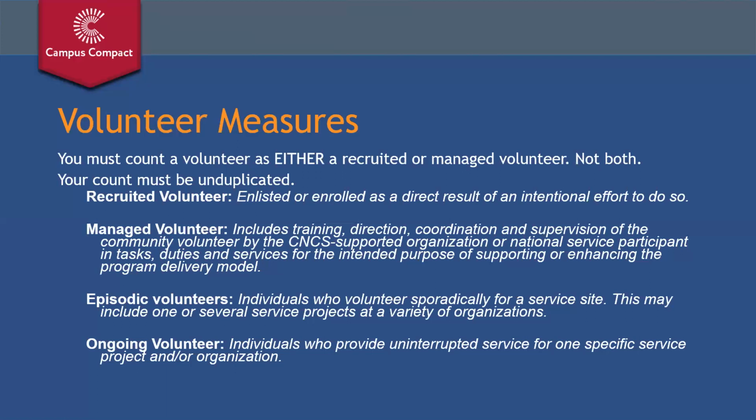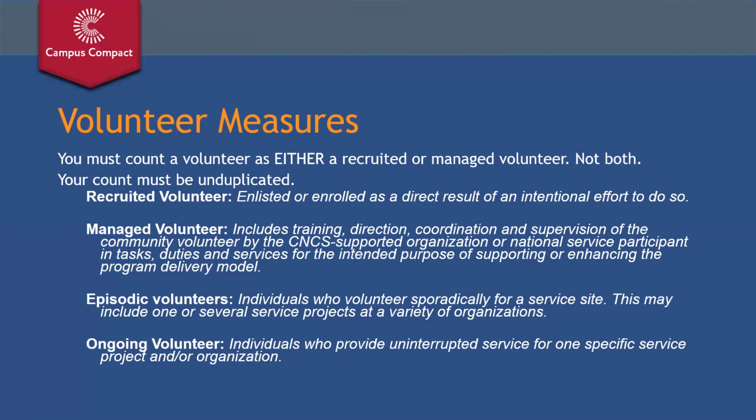Within each of those recruited and managed, there are also the definitions of episodic and ongoing volunteers. Episodics are individuals who volunteer sporadically for a service site. They may include one or several service projects at a variety of organizations. So I'm doing a day of service event over here, another day of service event over here, and that's it.